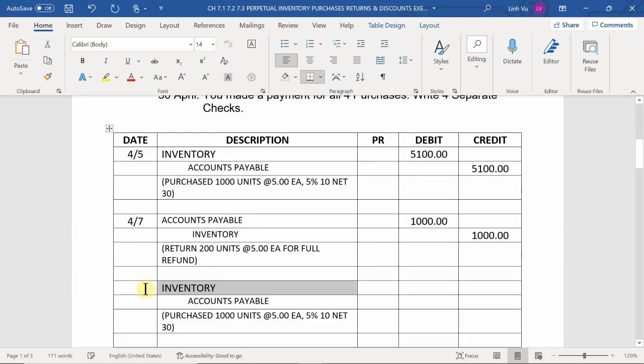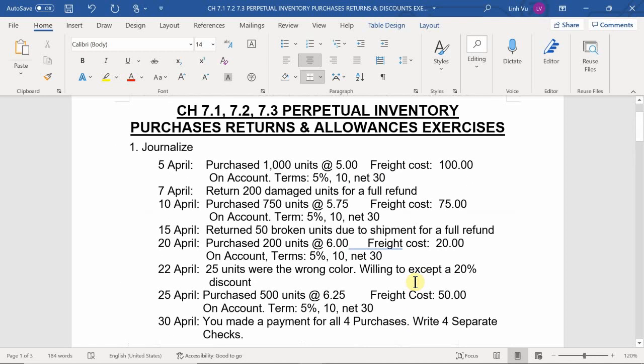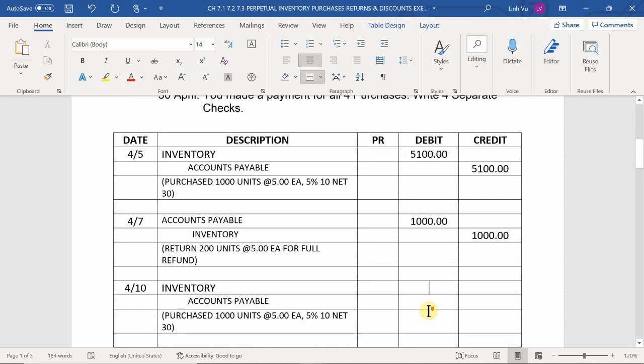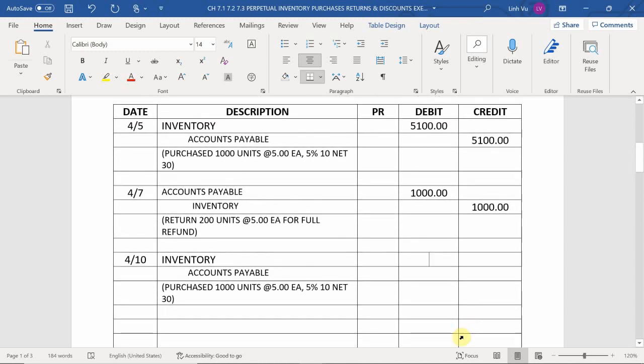On April 10, this time we bought 750 units at $5.75 each with a freight of 75. So how much is my grand total here? 4,387.50.